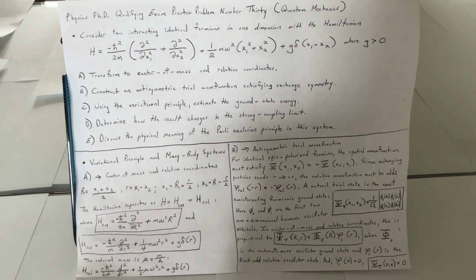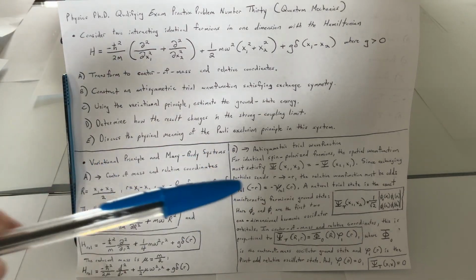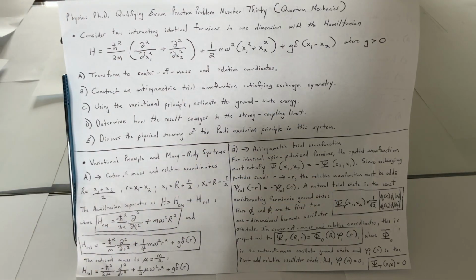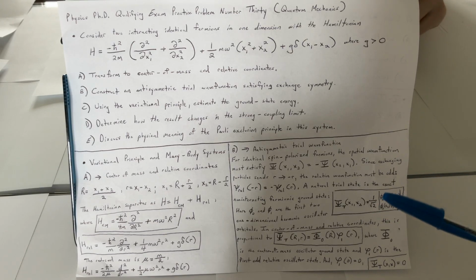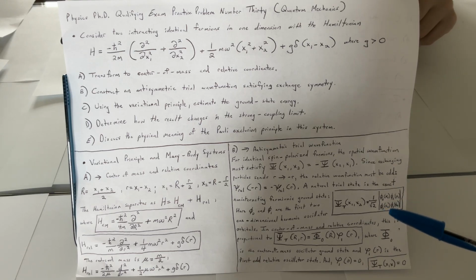And a natural trial state is the exact non-interacting fermionic ground state here. So that capital psi t of x1, x2 equals 1 over the square root of 2 times this Slater determinant. In the first row we have phi sub 0 of x1, phi sub 1 of x1, second row, phi sub 0 of x2, phi sub 1 of x2.